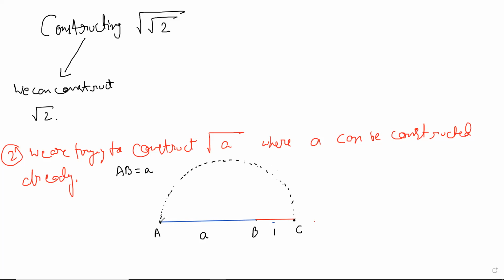Not really needed to make a full circle, but let's see. So this is the configuration. AC is the diameter, right?